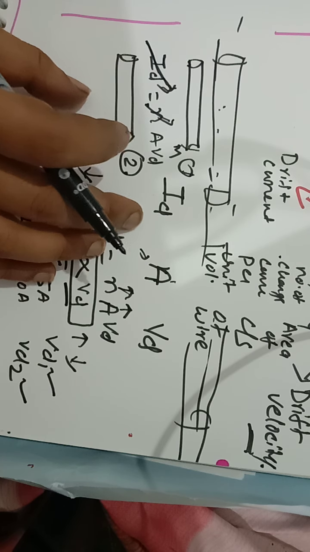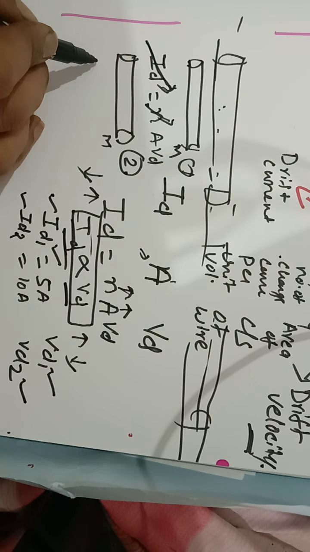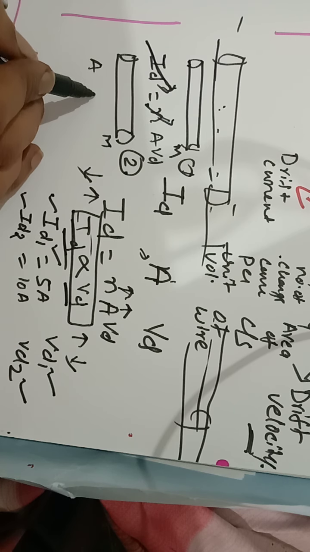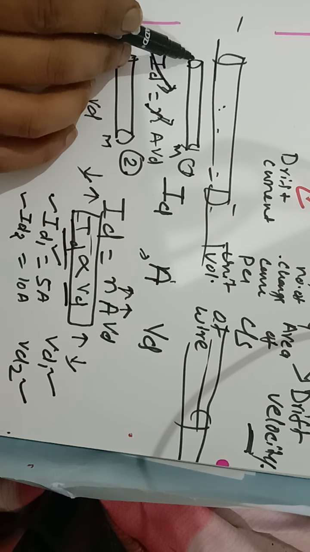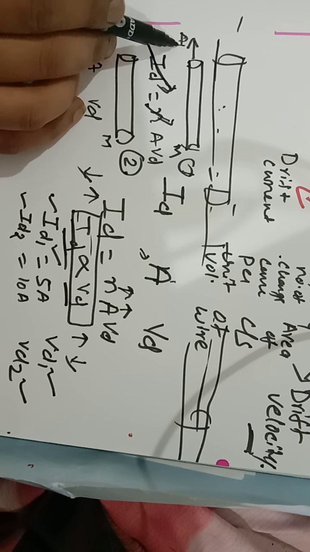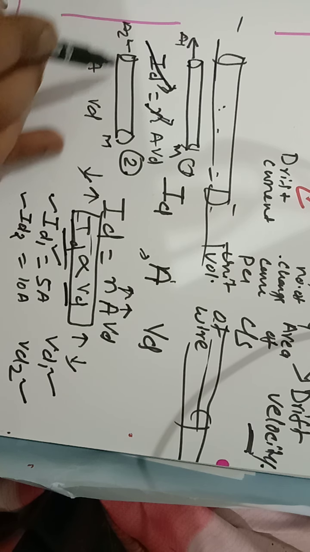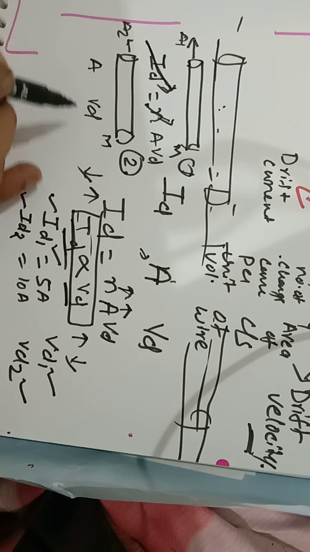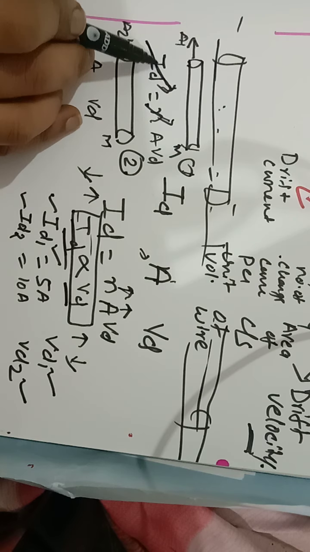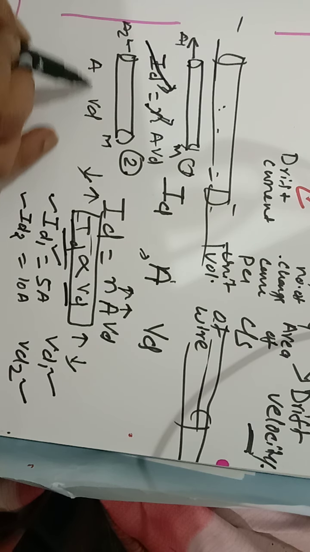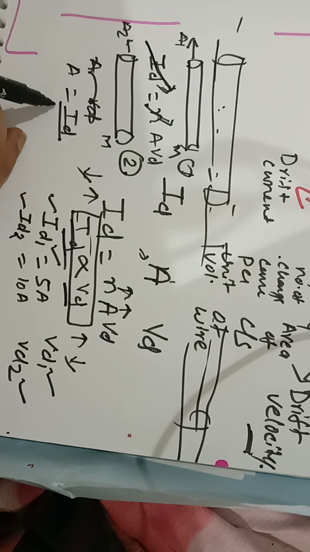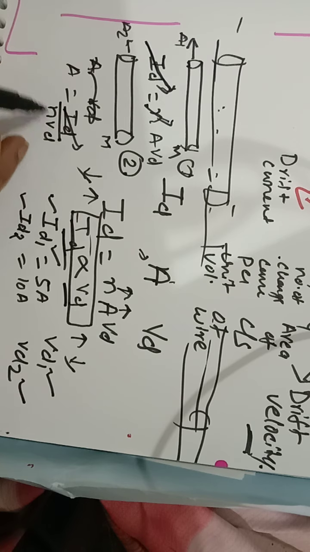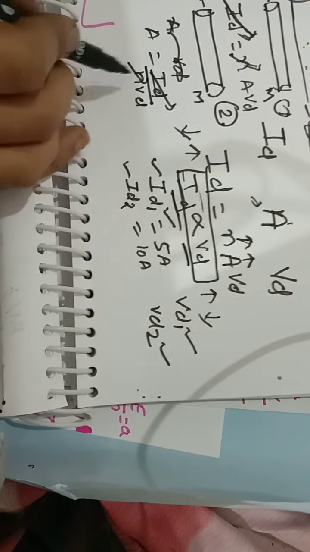So what can we say about the relation between area of cross section and VD? Suppose the two wires have different cross sections, A1 and A2. Since all else is constant, A can be written as A equals ID by nVD. Since ID and n are constant, A will be inversely proportional to VD.